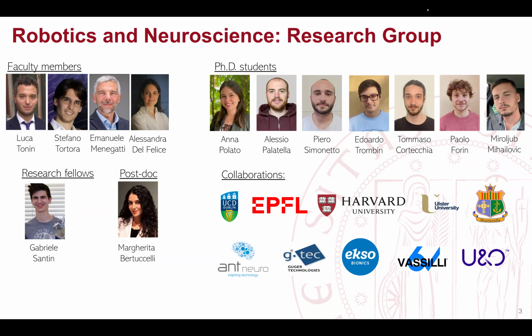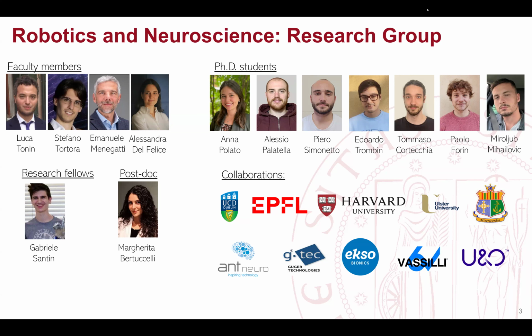Together with my affiliation to the Intelligent Autonomous Systems Laboratory, we actually extended our collaboration to create a more interdisciplinary research group, because as you may understand, working with EEG and robotics requires a lot of different knowledge.